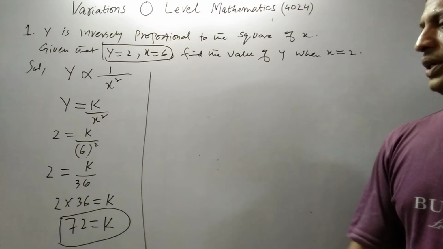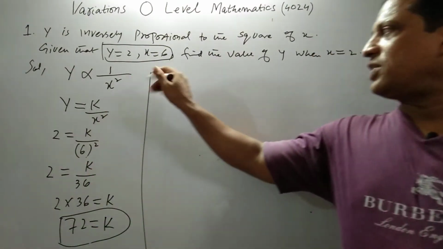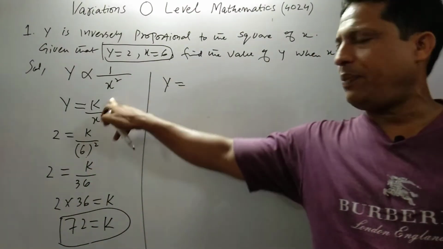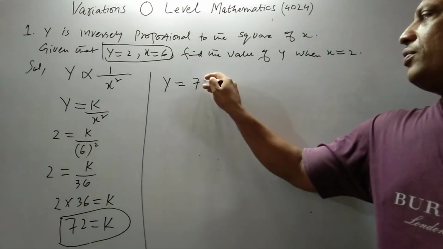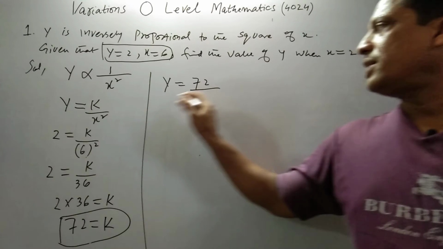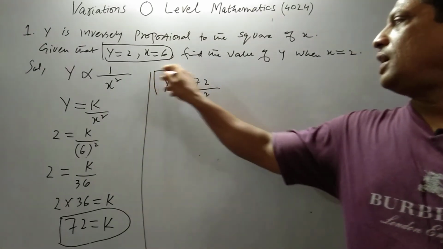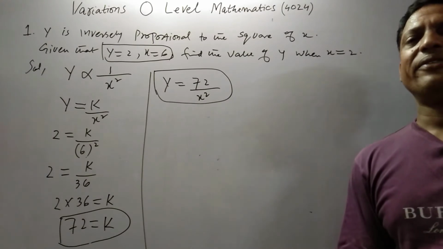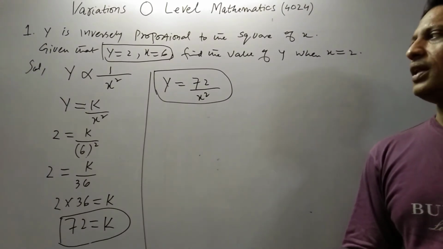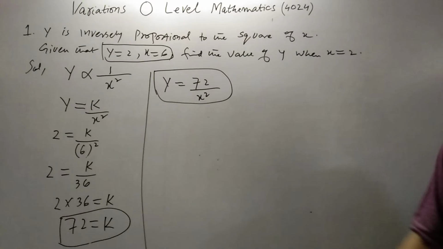Now put this 72 in this equation. y is equal to k upon x square. In this case, k is 72 and x square. This is called the formula which relates y and x square. What is the final requirement?